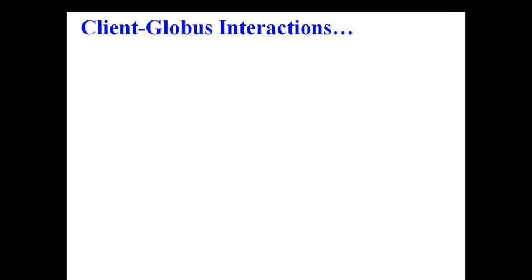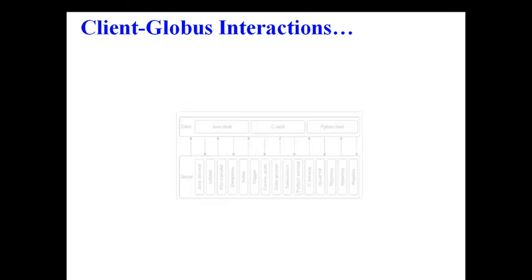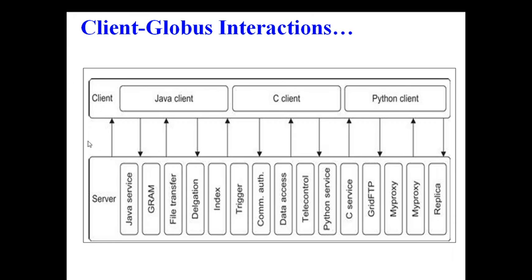Next, client Globus interactions. How the client Globus interaction is going to be done: there is one single diagram. A client is there, a server is there, a server which is using either Java, or C language, or Python.